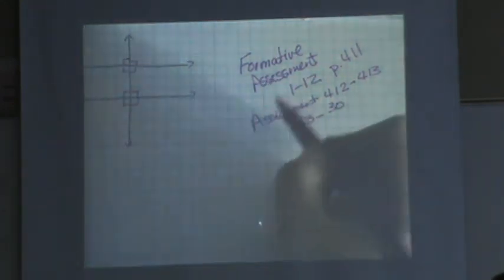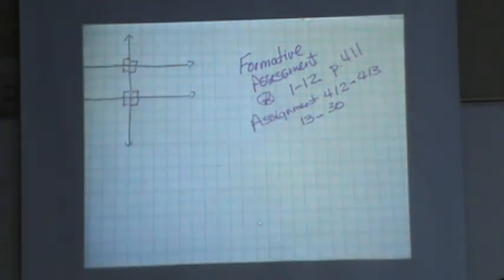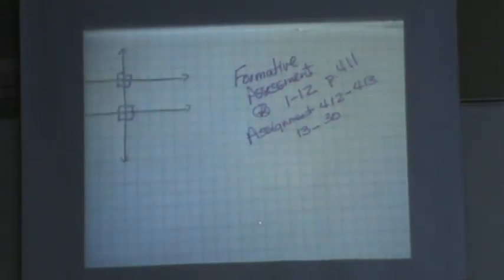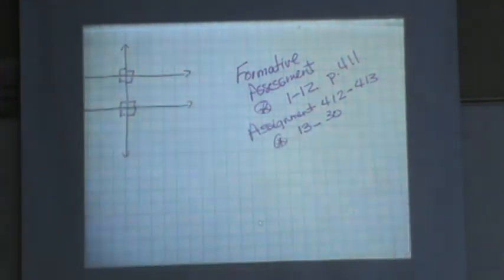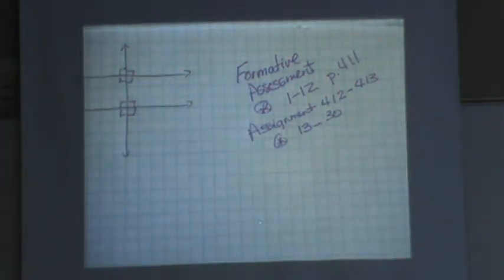So 1 through 12, I want to check to make sure that you understand what we did in class today. I plan on taking a grade on 13 through 30, but I may also take a grade on 1 through 12. If everybody does a fantastic job on it, that'll be an easy grade for you. Please make sure you attempt these problems, and I will see you in class tomorrow with these problems attempted.